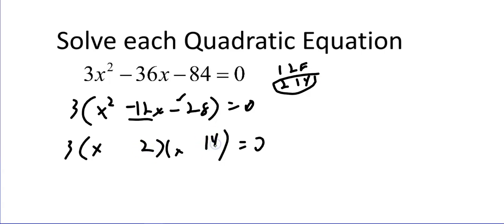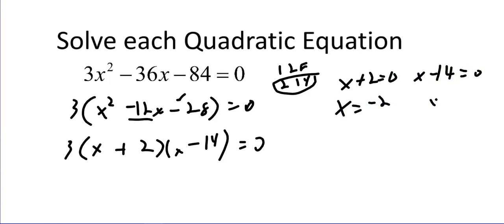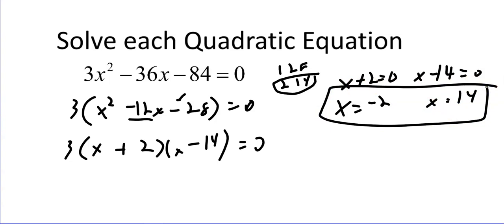So 2 and 14. All right. I want more negatives. So I want the negative 14 and the positive 2. And then I just set each of these equal to 0. So that gives me x equals negative 2 and x equals positive 14. My 2 answers.